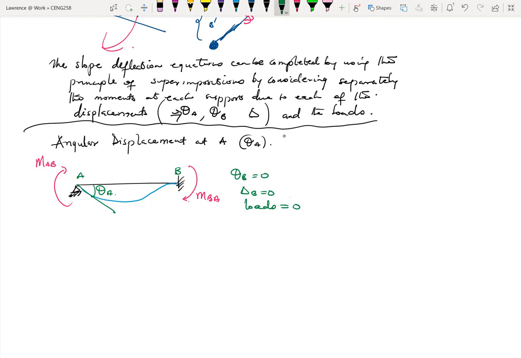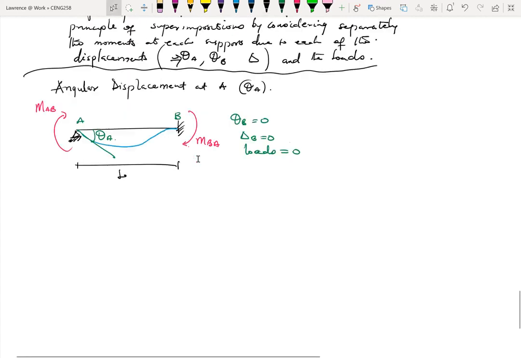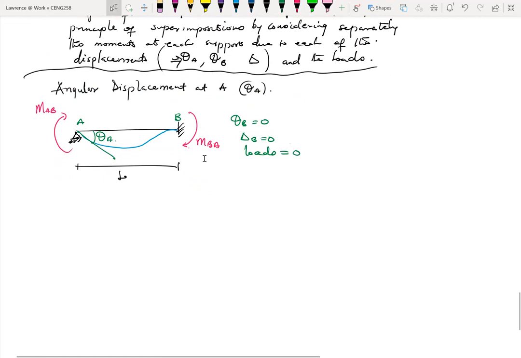Okay, so now we have a beam of length L. Okay. So what do we do? How do you go about solving this type of problem? Okay. The easiest approach is to use the conjugate beam method. All right.